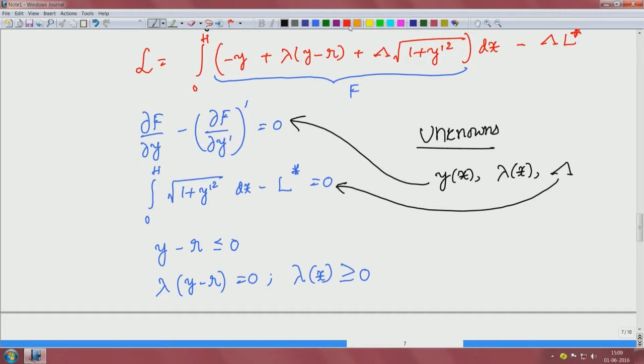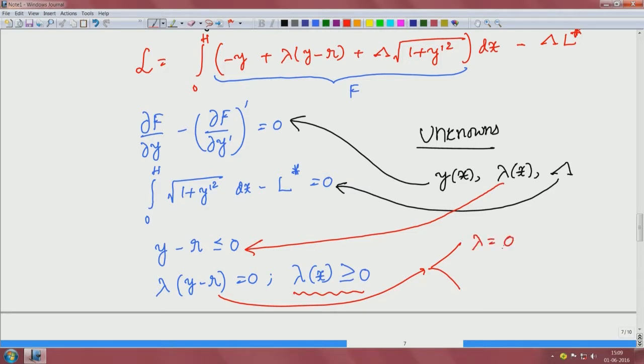and for lowercase lambda, that is this one, we have a function type constraint, which is this, and this complementary condition gives rise to two cases, either lambda is 0 or y minus r equal to 0, and then this automatically gets ensured. So, this gives rise to two cases, case 1, case 2.